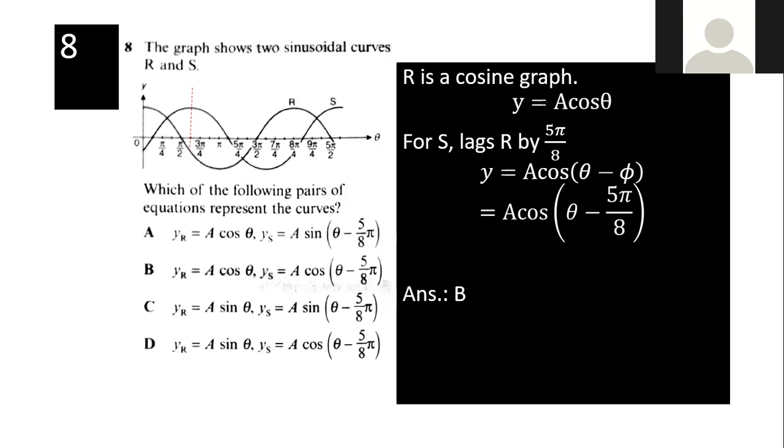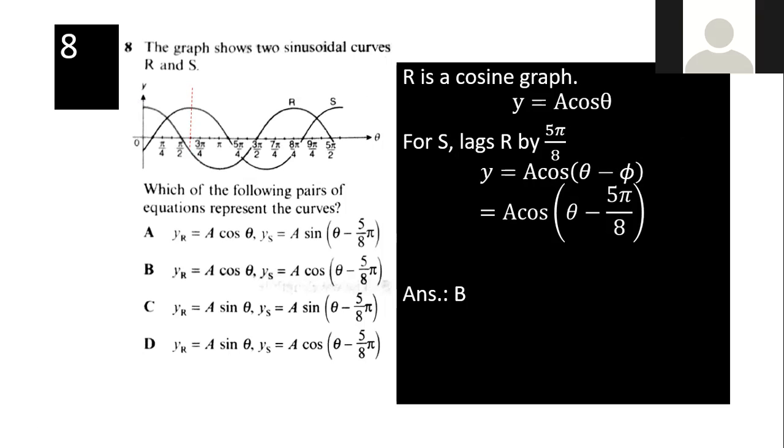Anything not clear? First, always remember, get one of them. What type of graph? Is it a sine or cosine graph? And then look at the peak there. What's the phase difference? Pi over 8. Shifted to the right, so it's negative. Can?